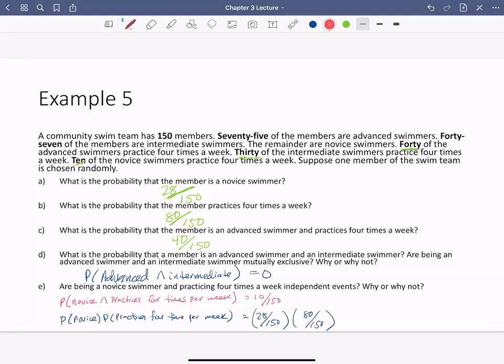And when I get the fraction, sorry, I have these fractions, but I need to know the decimal of these. So 10 divided by 150, if I put it into my calculator, 0.066 repeating. And then if I put the 28 over 150 times 80 over 150 in the calculator, I get 0.0996.